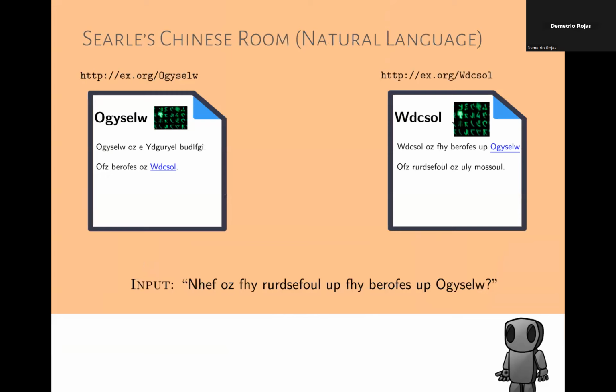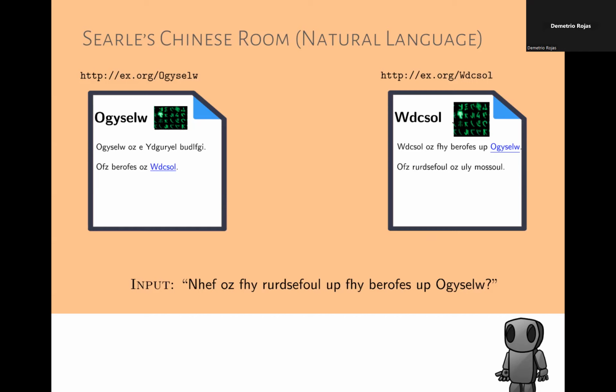That's very difficult to do in natural language, although I'm quite surprised by how good large language models are. But okay, if we try to do it in natural language, we have essentially this scenario where we have two web pages and an input question.